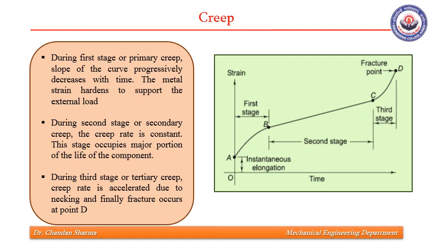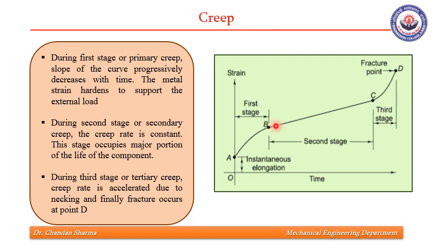This is the curve which shows the creep behavior of materials. We can say this is the first stage of creep, this is the second stage, and this is the third stage, and this D is the fracture point. During the first stage or primary creep, the slope of the curve progressively decreases with time. You can see over here, the metal strain hardens to support the external loads.